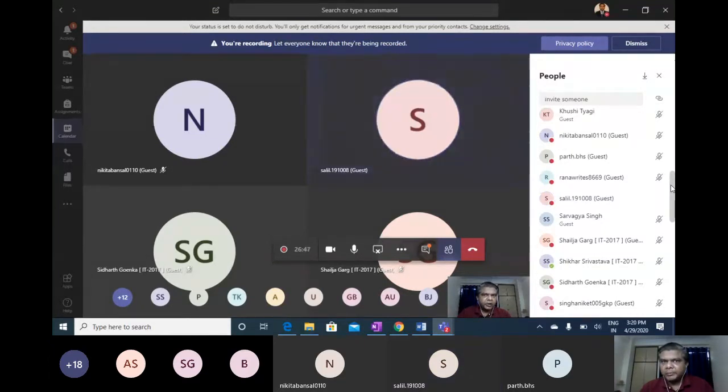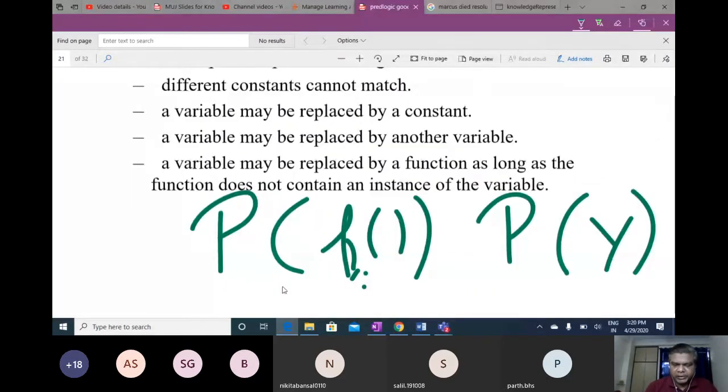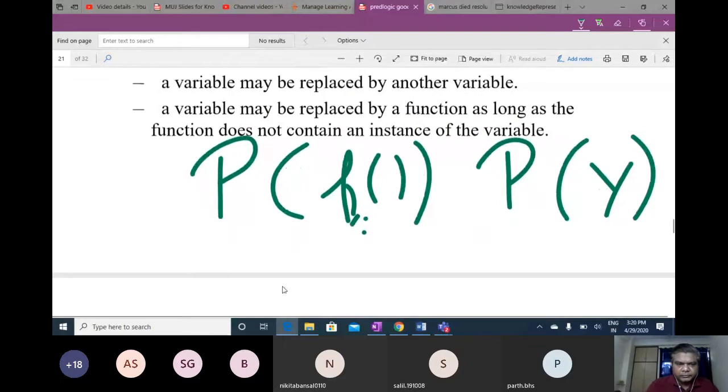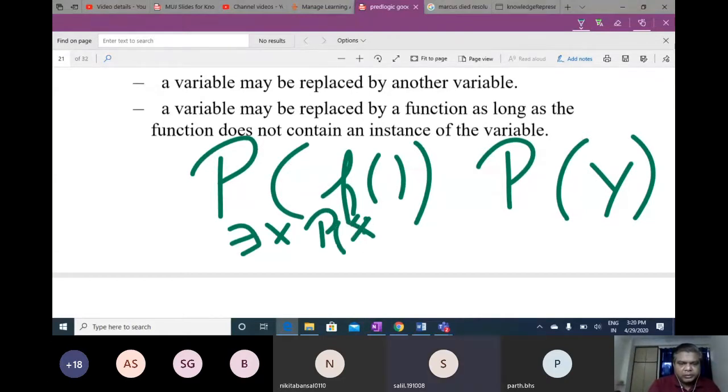If you had done it, you would have remembered there was a step for elimination of existential quantifier. When we have to remove an existential quantifier like there exists x, p of x, we can replace the quantifier itself by a new constant or a function.